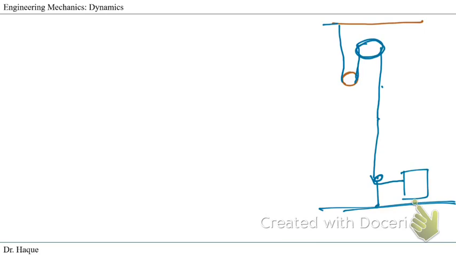This pulley is attached here, and this pulley is attached from here, and then this pulley is holding a block B, and this is A.